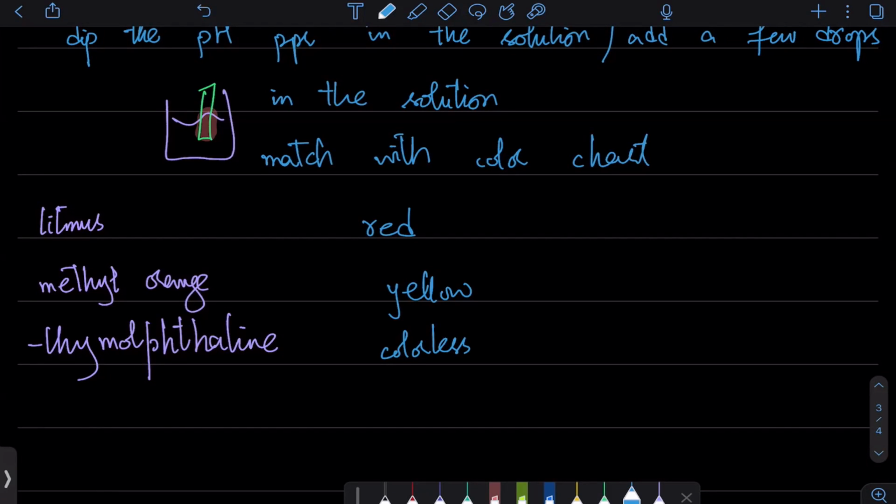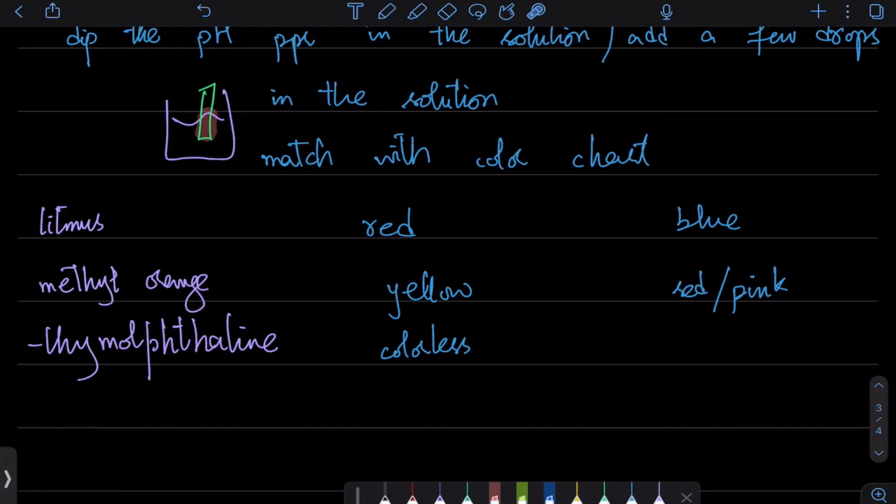Now, what about base? What color is litmus in a base? Blue. Blue. Very good. What's the color of methyl orange in base? It is red, or you can also say pink. Now, I know we might be enticed to say orange because orange is in the name.